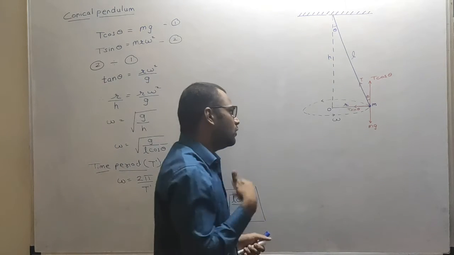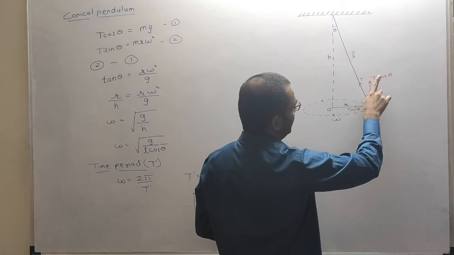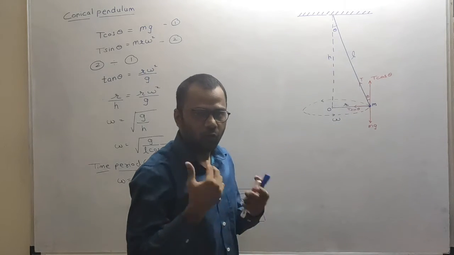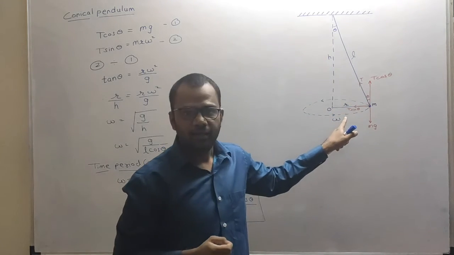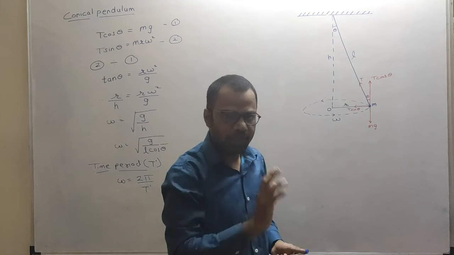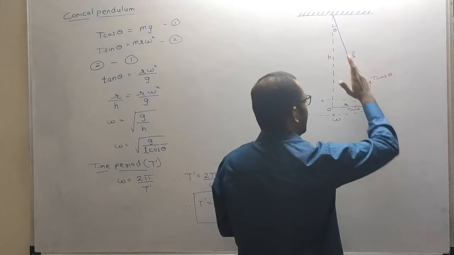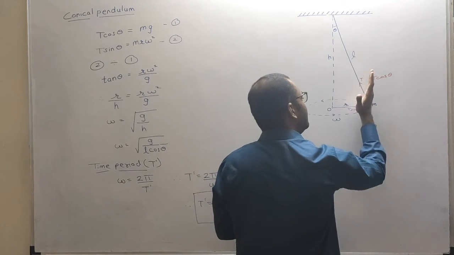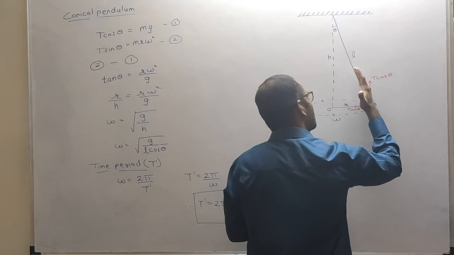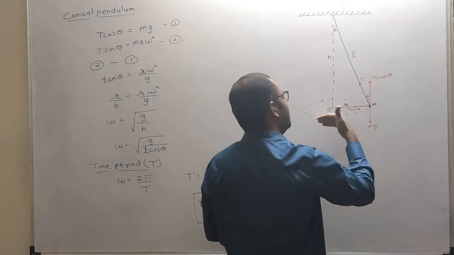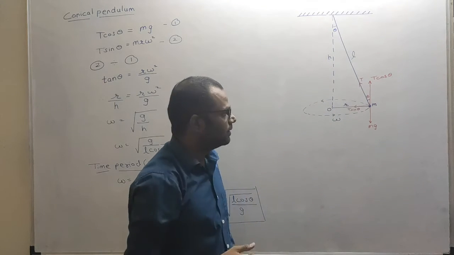Now as we have resolved T into T cos theta and T sin theta, we have to forget about T. Now we have to only think about T cos theta and T sin theta. Resolution of the force means what? Actually this is the direction of the force, but some part of the force is acting in this direction, some part of this force is acting in this direction. This part is nothing but T cos theta and this part is nothing but T sin theta.